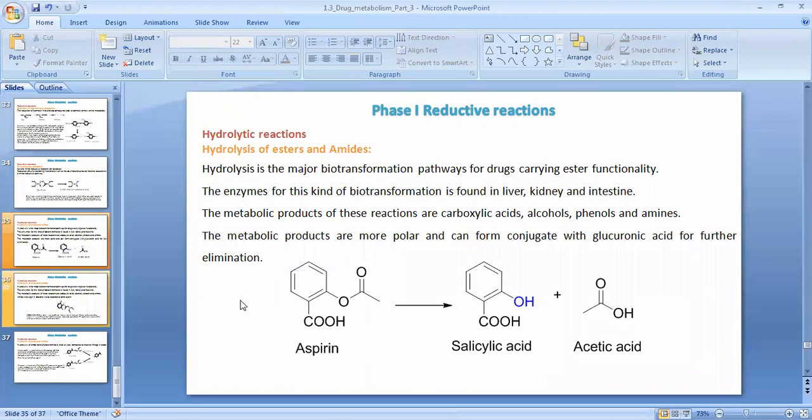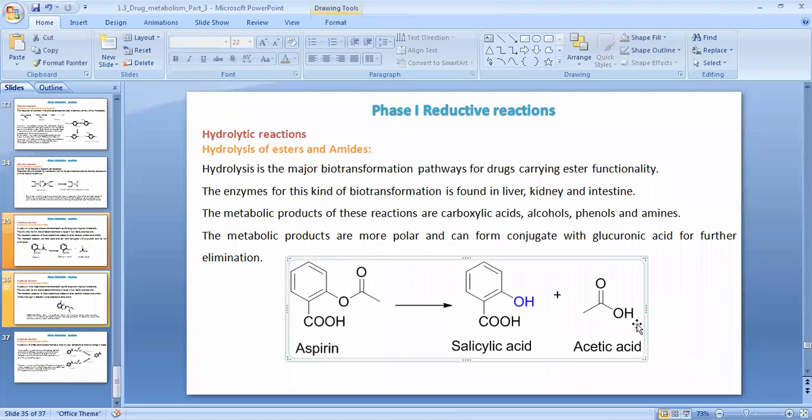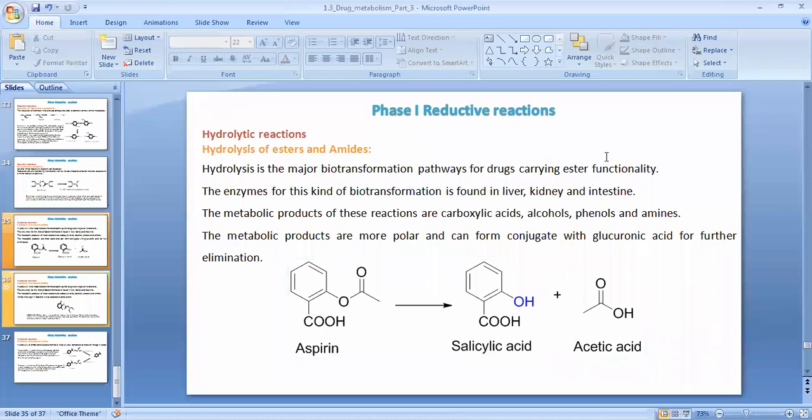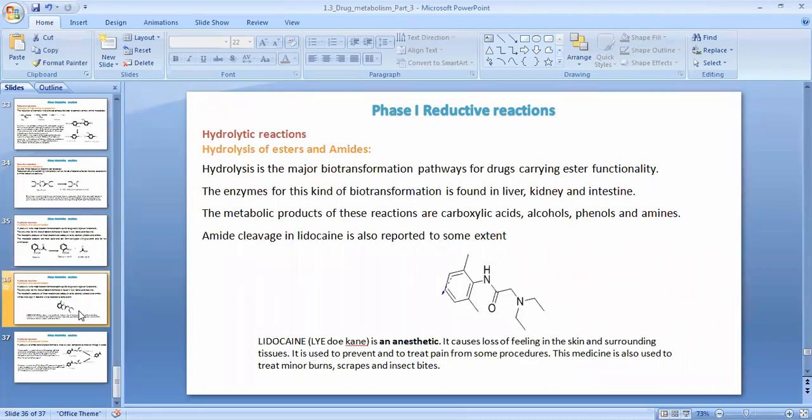So the aspirin molecule is converted into its hydrolyzed derivatives, salicylic acid and acetic acid, in our body through ester hydrolytic reactions.